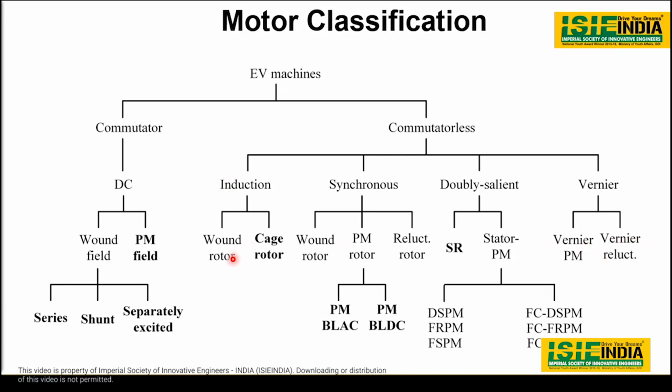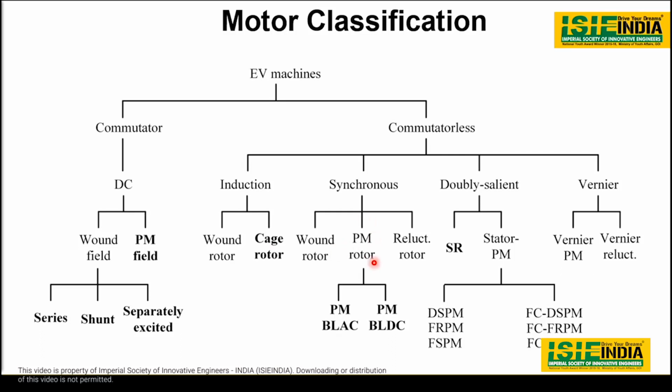So induction also has two different motors, right? The cage motor is the best option here compared to the wound rotor induction motor, right? Here the rotor winding is simply short circuited, so you have all the controls from the stator, and that is very efficient also.